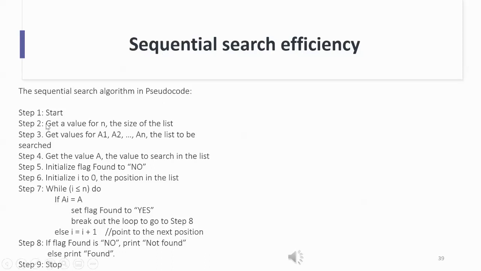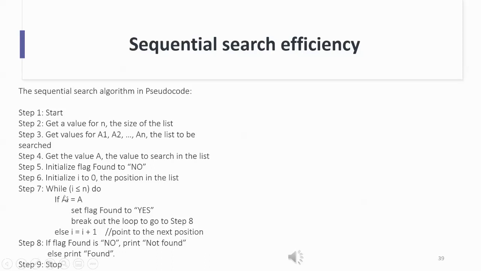First, we set up the values n, that is the size of the list, and then get the values for all the numbers in the list, a1, a2 up to an, and then set the value a, that is the value to search in the list, and set up the flag found to no, and then point to the first position in the list. So we set I to 0, that is the position, I is the position in the list.